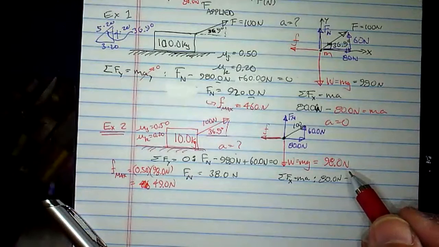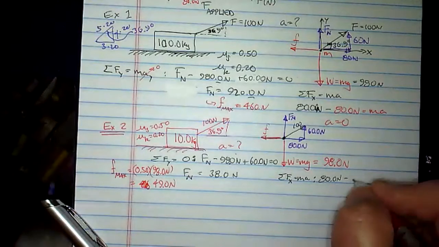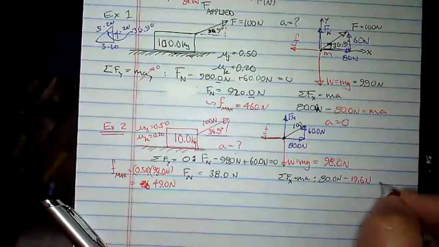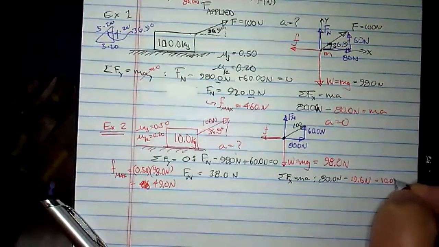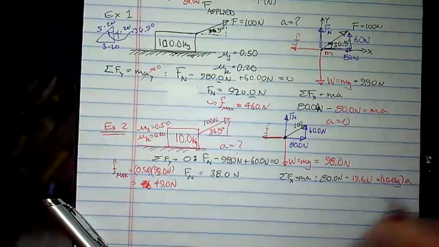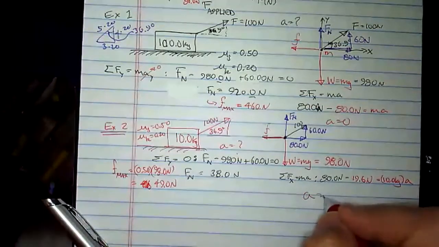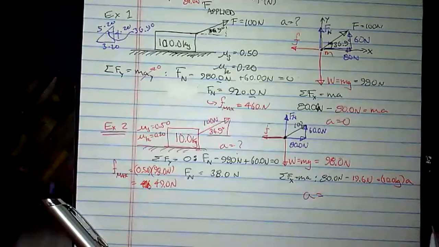Right? Yes. Okay. So minus 19.6 newtons. That's equal to 10.0 kilograms times a. So when I subtract 19.6, I basically get 60.4.